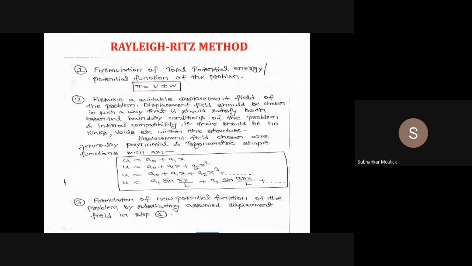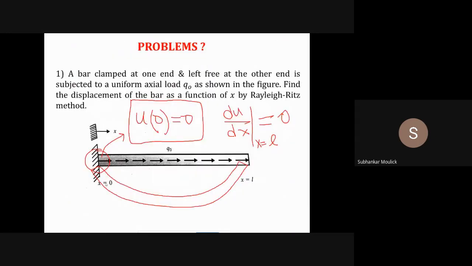So tell me, which displacement field function will I choose? Will I choose the trigonometric displacement field function, or will I choose the polynomial field function? See the diagram and decide which field function you will choose. The polynomial field function or the trigonometric field function.